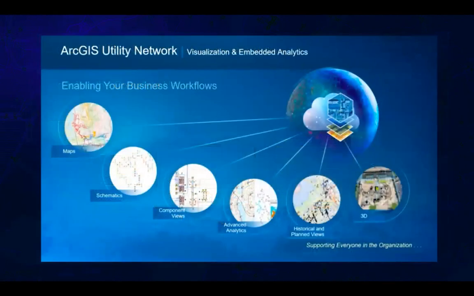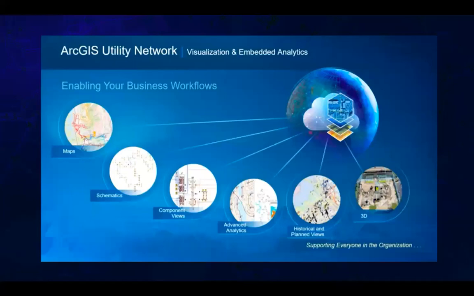Now, the visualization and the embedded analytics, that more speaks to your business workflows. You want to see stuff in 3D, not just in 2D, to really get a better understanding. This helps with your business decisions. You would also see on the lower part a silo called historical and planned views.